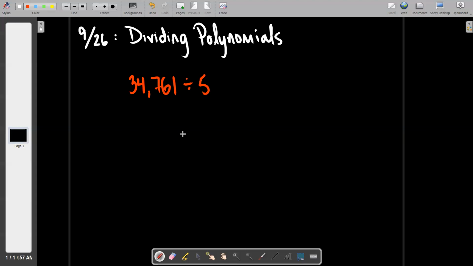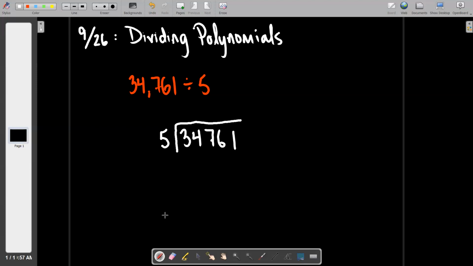So first thing we want to do is set it up old school. We want the 3, 4, 7, 6, 1 inside of the long division sign, and we want the 5 on the outside. When you do this here today and tomorrow and probably Wednesday, you won't be putting just numbers. You'll be putting polynomials on the inside and on the outside.